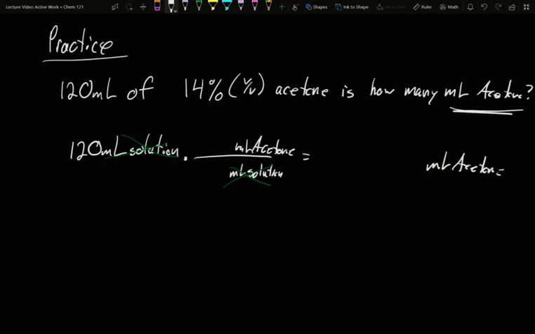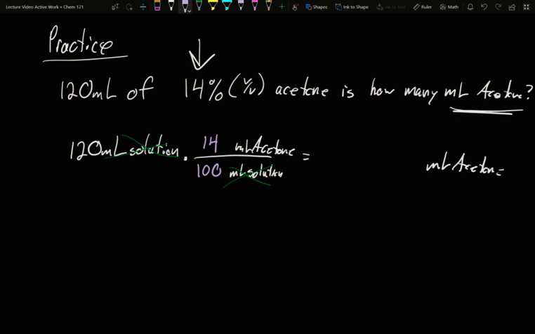Well, that ratio comes from our percentage. It is 14%, which tells us it is 14 milliliters of the solute over 100 milliliters of the solution. The chemical that we're talking about is acetone, so it's our solute. The milliliters of solution is out of 100.